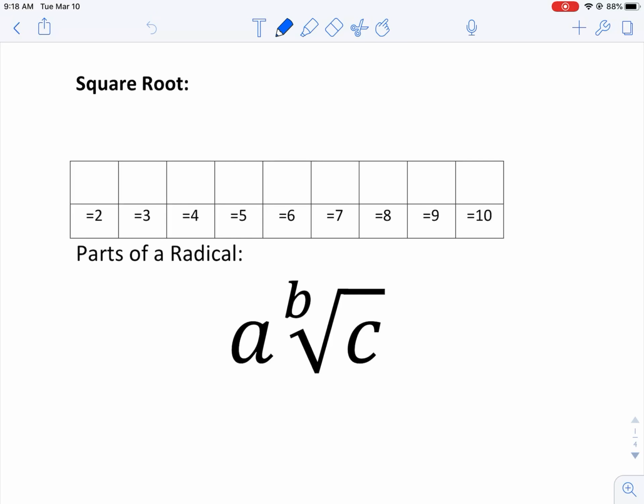You, for the most part, know them as square roots, but we're going to be talking about more than just square roots within this chapter. So a square root, what is it?